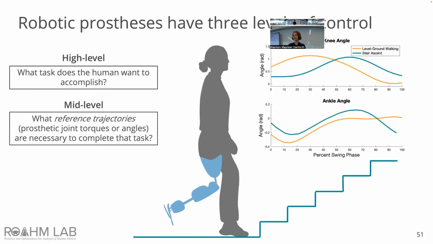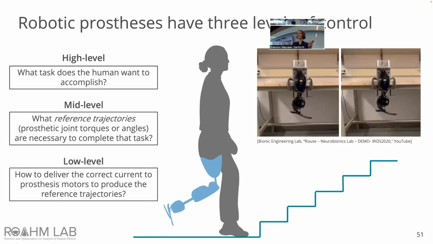And as we can see, for different tasks, these reference trajectories are different. So for stair ascent, we see a completely different shape of knee and ankle angle. And normally these trajectories are found by collecting data from able-bodied subjects accomplishing these tasks and averaging them across subjects. Now at the low level, the prosthesis has to actually produce the reference trajectory motion by setting the correct current to the motors.